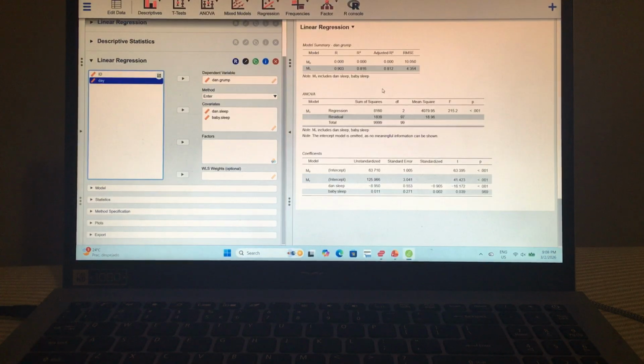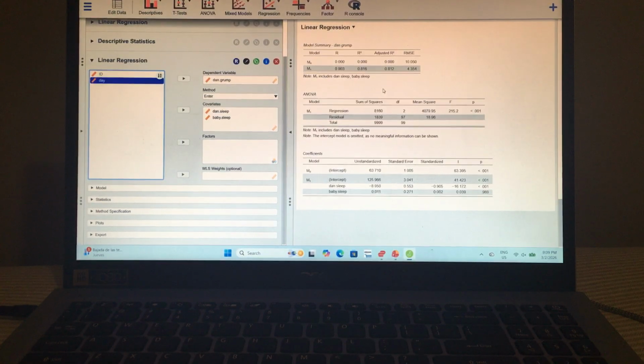The alternative hypothesis is that the model does. Okay? So the p-value on this table is used to test for the statistical significance of the model. In this example, with p less than 0.001, this tells us to reject the null hypothesis.